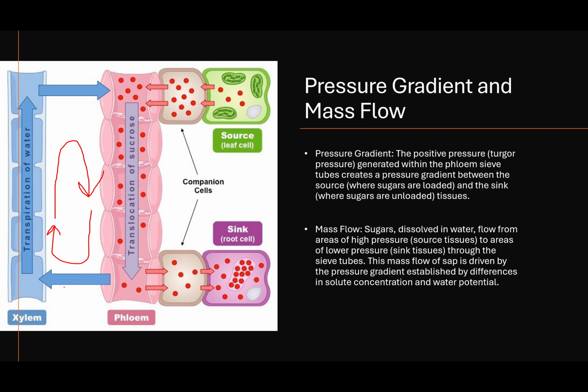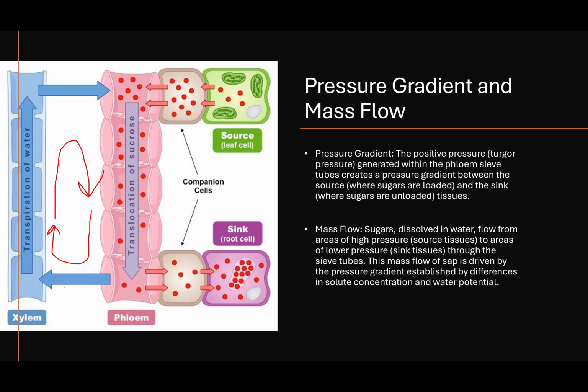So we're going to have the translocation of solute from the source to the sink, from areas of high solute concentration to areas of low solute concentration. This looks like simple diffusion, right? But we can't call it simple diffusion because it's moving over such a large distance in such a complex way.